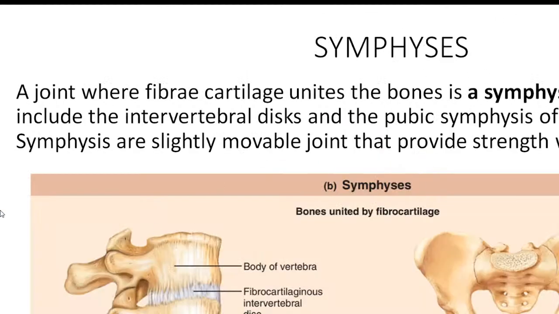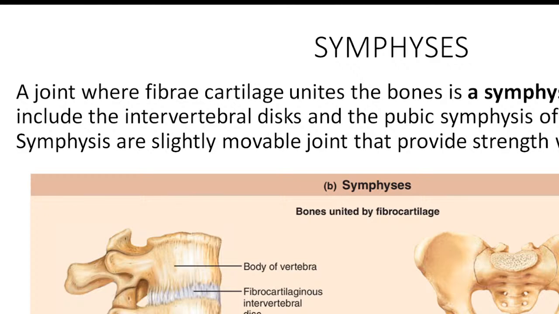Next, symphysis, a joint where fibrocartilage unites the bones. You see symphysis. Examples include the intervertebral discs and the pubic symphysis of the pelvis. Symphyses are slightly movable joints that provide strength with flexibility.